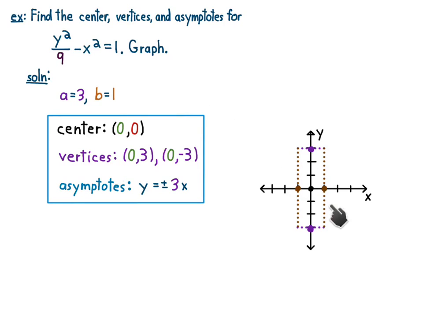So from the center, I just went 1 in the x direction and then 1 in the opposite direction, negative 1 in the x direction. And I put those 2 points in there like you would with an ellipse. But this is a hyperbola, right? So I just draw this little box, and then the asymptotes will go through the corners of this box.